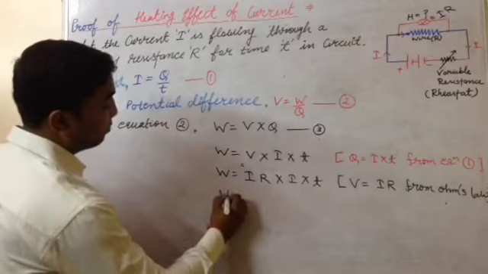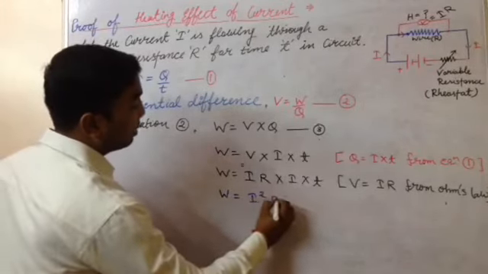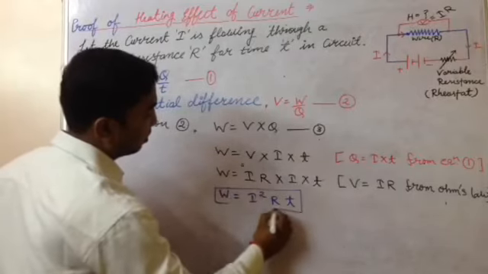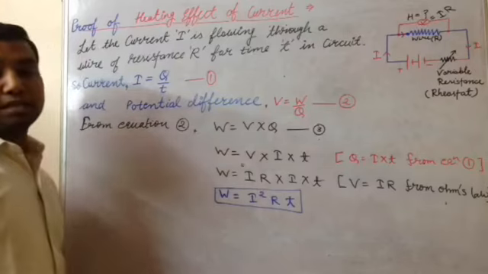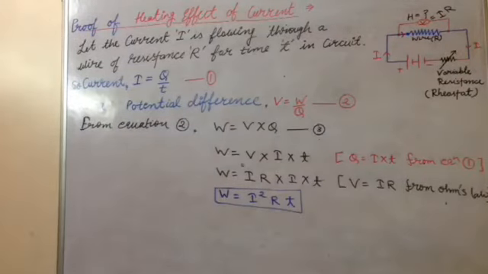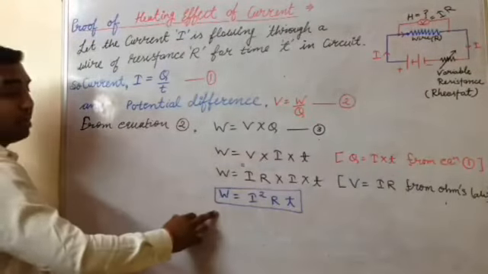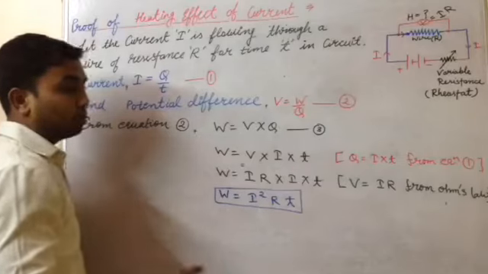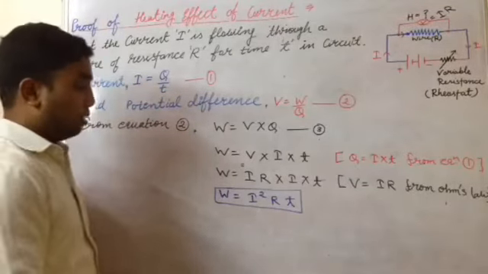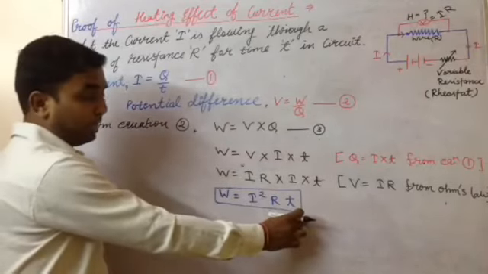W would become I square R and T. This is I square R into T. Is this okay? Yes, sir. W would be equal to I square R into T.